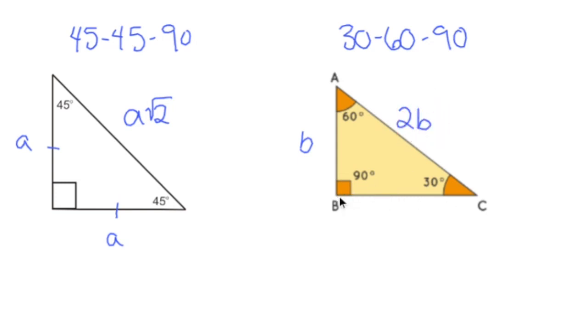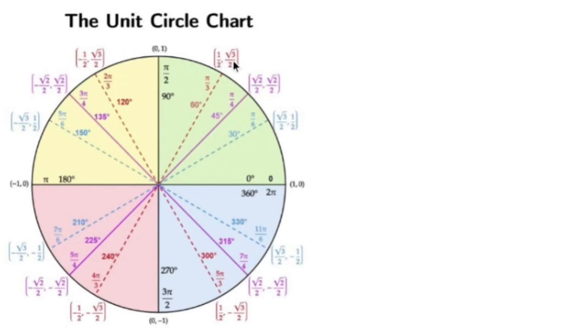The second leg, the in-between side, is going to be whatever the smallest side is times the square root of 3. So if this was 8, that would be 8 root 3, and that would be 16. So these special triangles help us figure out specific measurements in this guy back here, the unit circle.